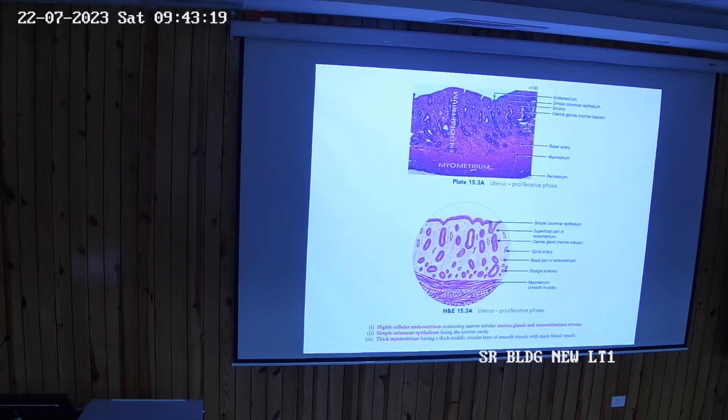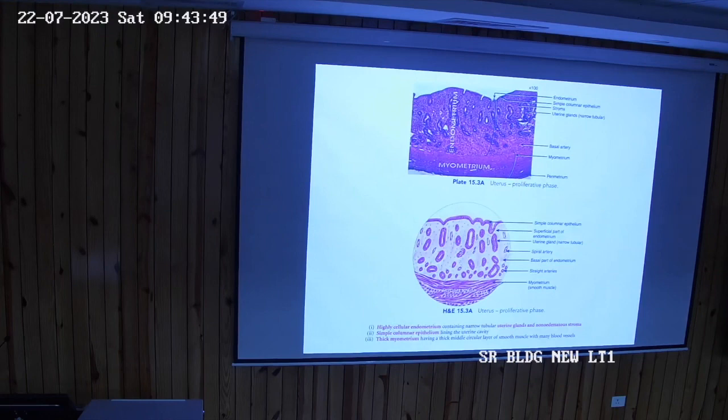The reason is that the upper two-thirds, which we named stratum functionalis, undergoes the action of hormones. It changes by the action of the hormones at different stages, and it is lost during the menstruation period.